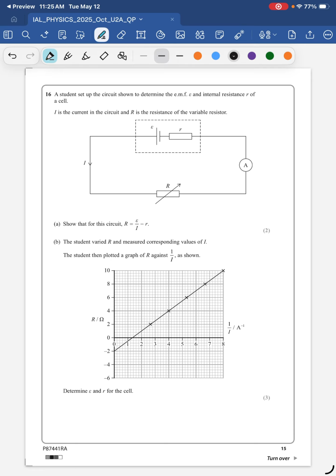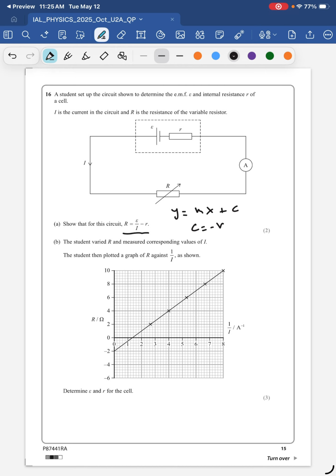B. The student varied R and measured corresponding values of I. The student then plotted a graph of R against 1 over I as shown, so we get a straight line. Determine E, the EMF, and r, the internal resistance for the cell. First of all, let's observe that this formula has the form y equals mx plus c.